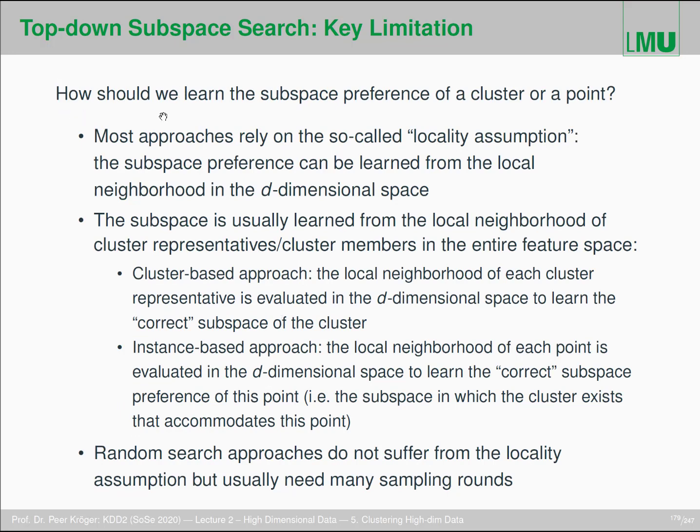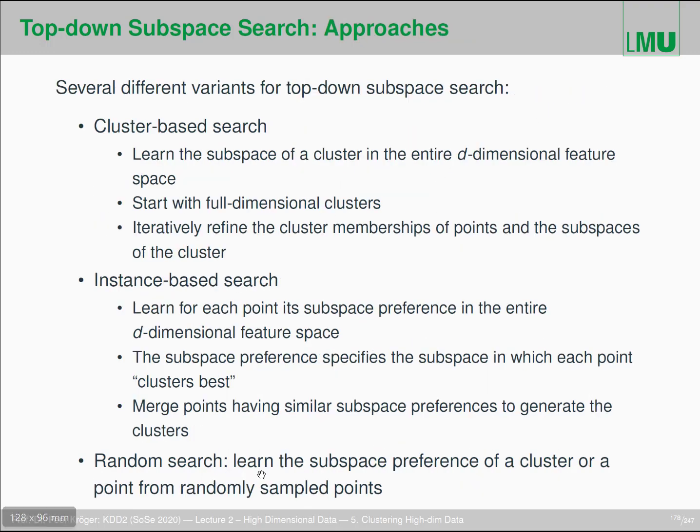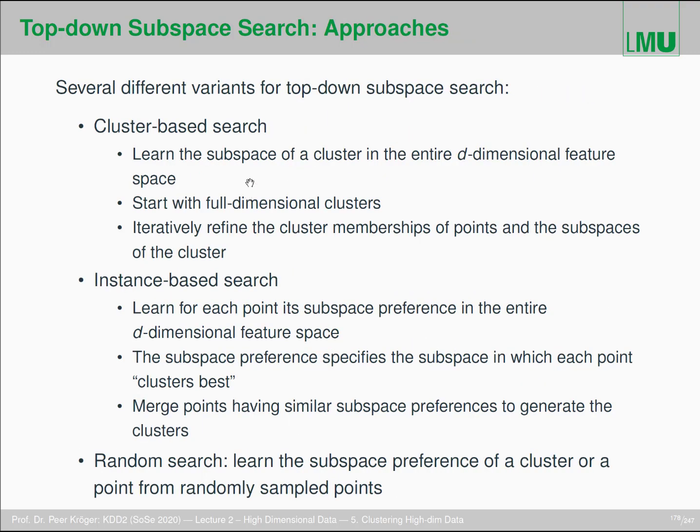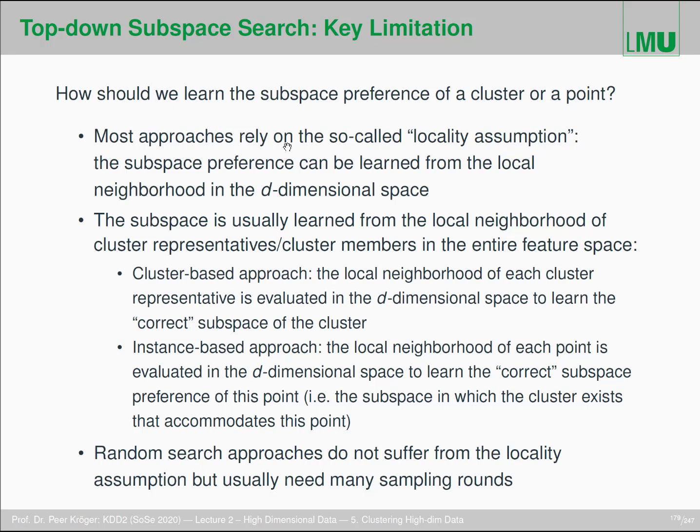So the key question is, how should we learn the subspace preference of a cluster or a point? In this case, okay, you do random search, but in the first two ideas you try to learn the subspace preference of an instance or of an entire cluster. And how should you do that? Most of the approaches, especially those two, not the random search, rely on a very specific assumption, which is known as the locality assumption. It means that you try to learn from the local neighborhood in the entire d-dimensional feature space.